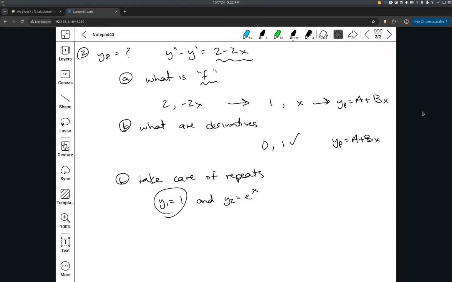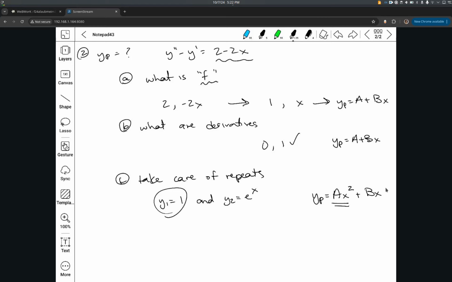So our solution is always to multiply by x when that happens. So here I've multiplied by x to make the a no longer a 1, but that's still a copy of my bx right here. They're the same thing, so I actually multiply by x again. I keep going until I have a new function that's not already part of one of my solutions.